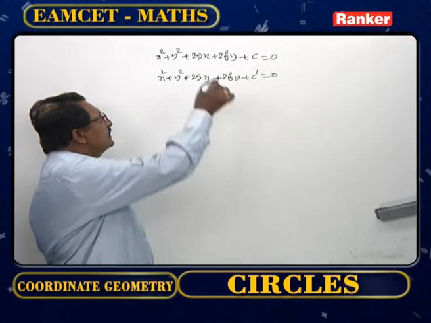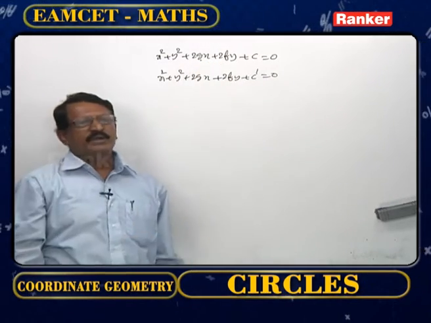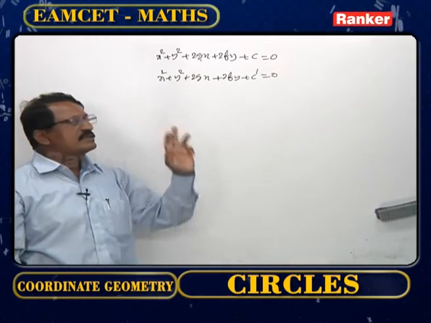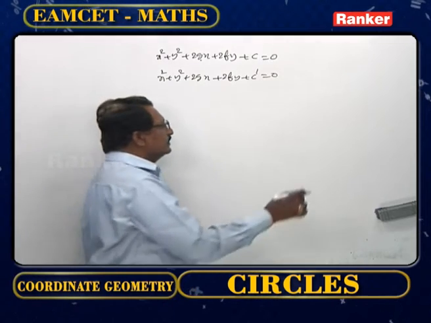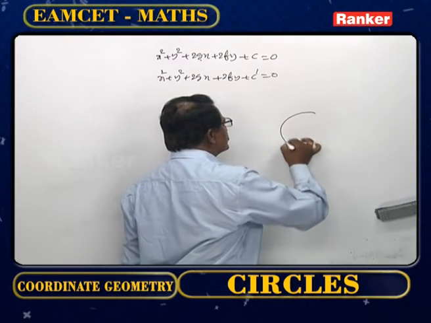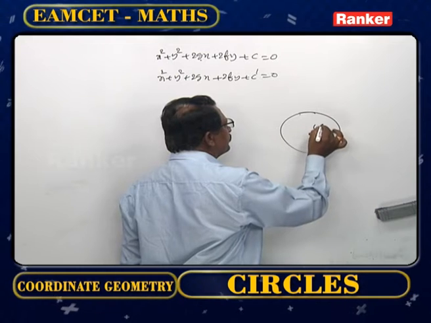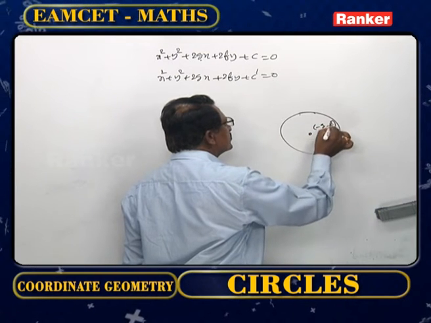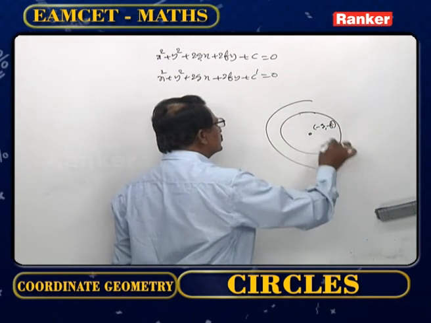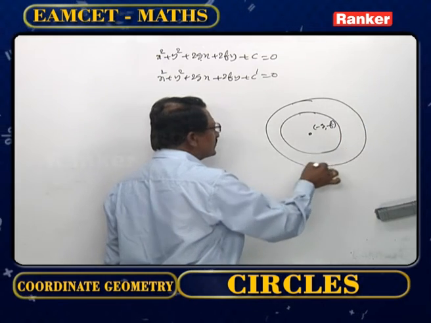The center of the first circle is minus g, minus f, and the center of the second circle is also minus g, minus f. So the two circles are concentric circles.